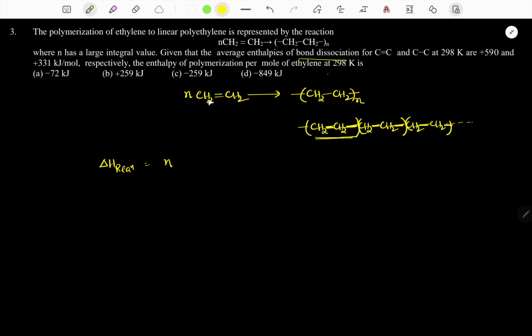Therefore, n into bond enthalpy of C double bond C plus total 4 C-H bonds, 4n into bond enthalpy of C-H, minus, and here total n number is there, and 2 C-C single bonds, therefore 2n bond enthalpy of C-C single bond, minus total 4 hydrogens, 4n bond enthalpy of C-H.